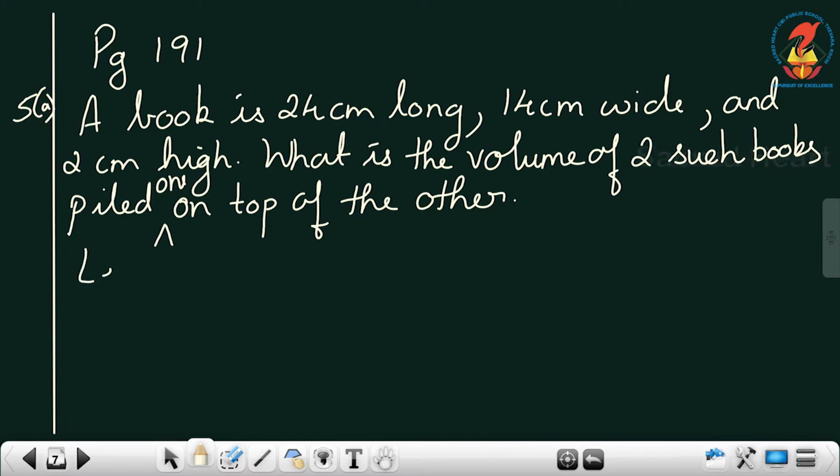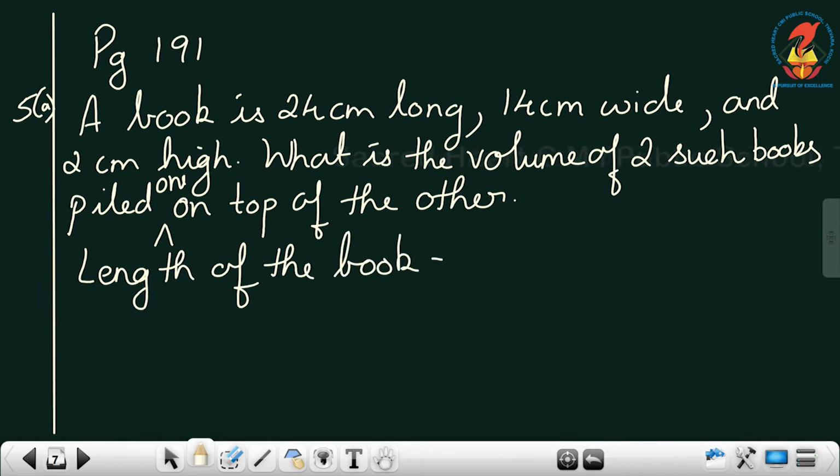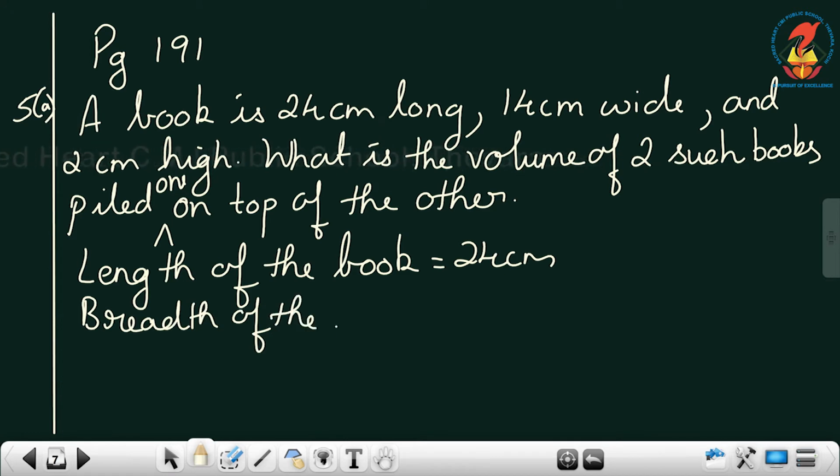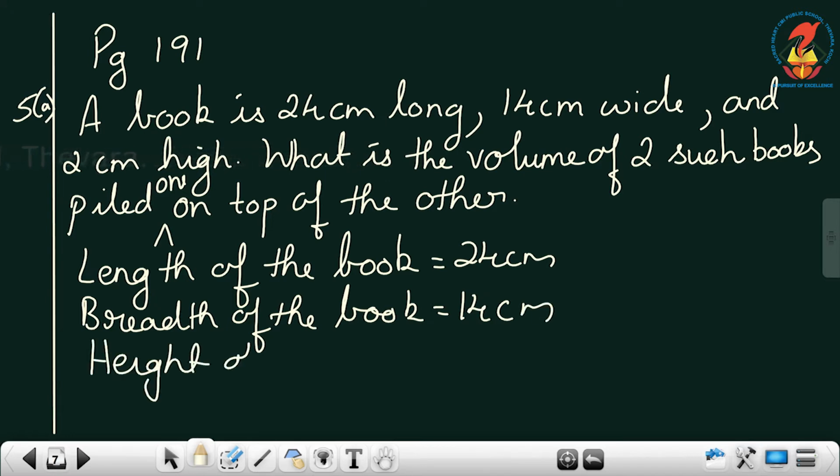So you write length of the book, 24 centimeter, breadth of the book or width of the book, that is equal to 14 centimeter, height of the book, that is equal to 2 centimeter.